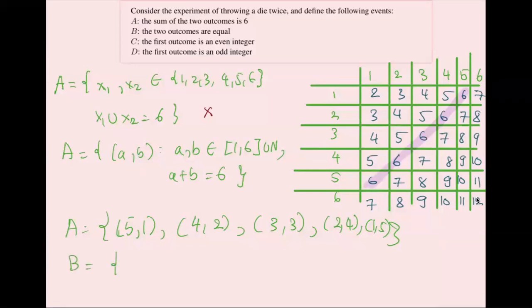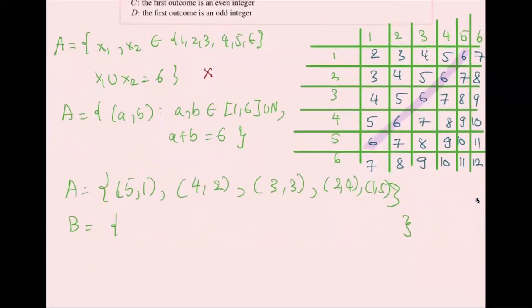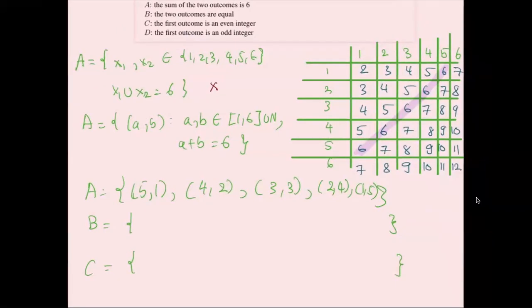Can someone write down what you got for B, C, and D? What do you get for B?